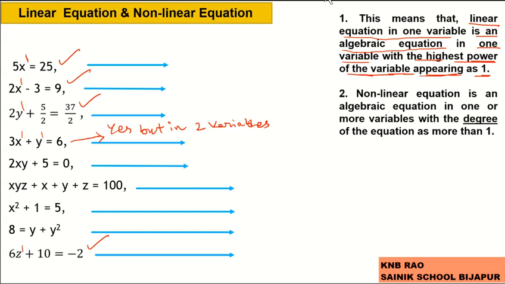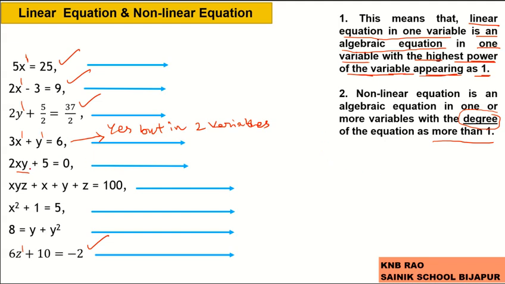Here among these equations you could observe having more than one variable, or having one variable but with a degree. What is the meaning of degree? I will explain in the next slide. Here these equations have degree more than 1.